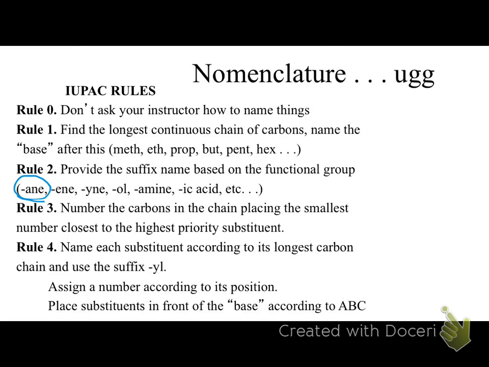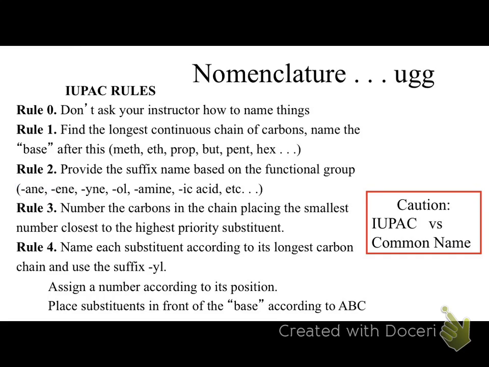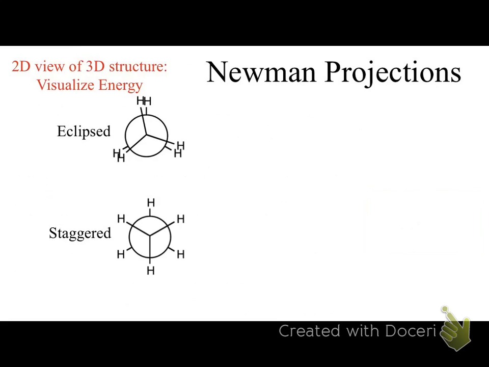Name your substituents, number them, put it all together, and you've got your overall name. As long as you follow the rules, it goes the exact same every single time. So you should end up getting the same name regardless of what the compound looks like or how it's oriented in space. Remember, watch out for IUPAC versus common names.